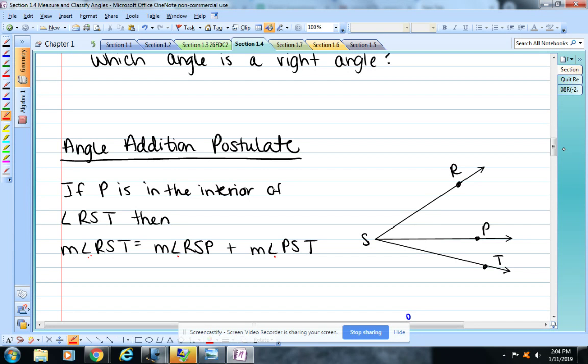So if I wanted to find the measure of the large angle, I would do little plus little equals the big, right? So if I take this measure and add it to this measure, that will tell me the measure of the whole big angle. So that's basically the same thing as segment addition postulate. Little plus little equals big. So this one is the big one. And it's going to be the little angle plus the other little angle.